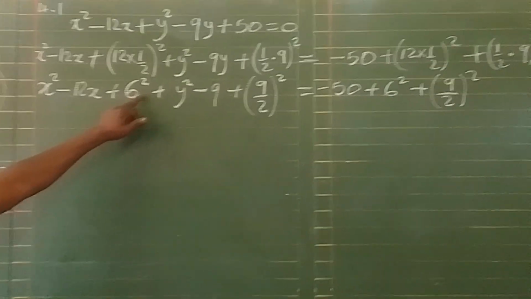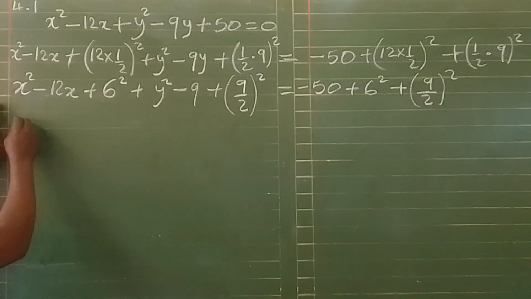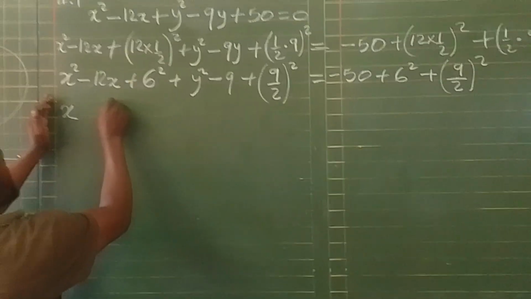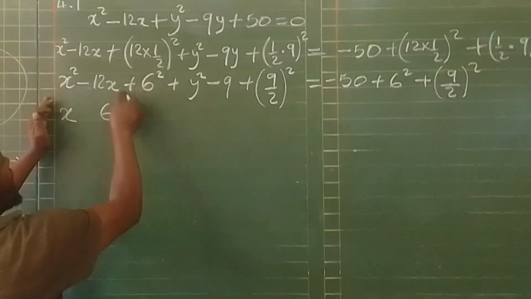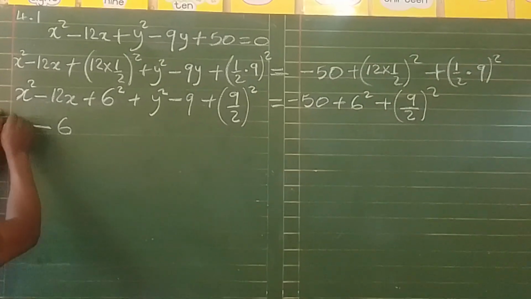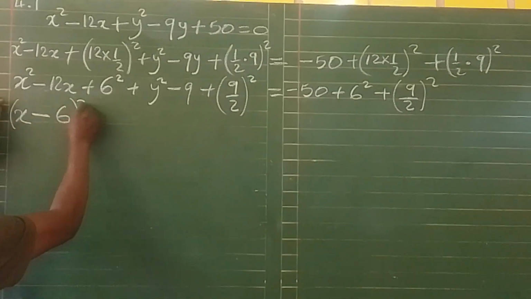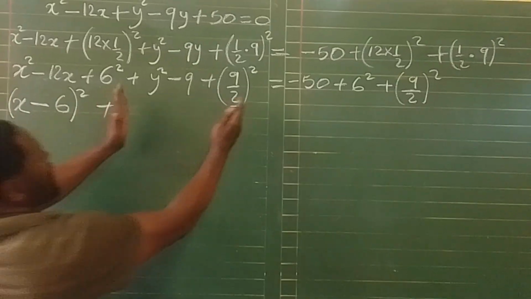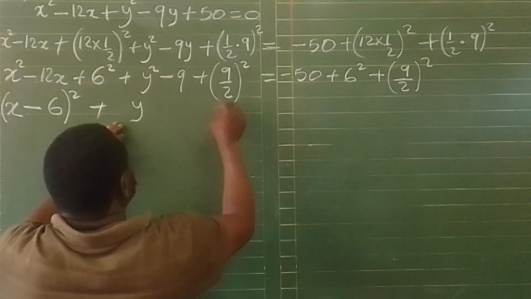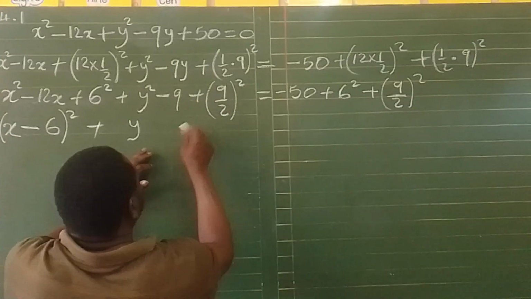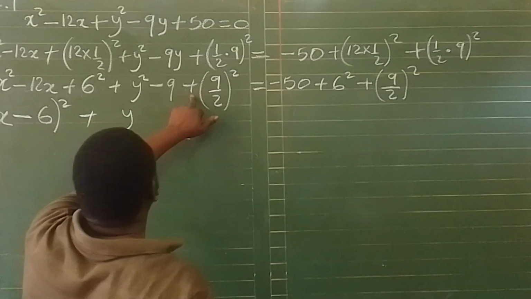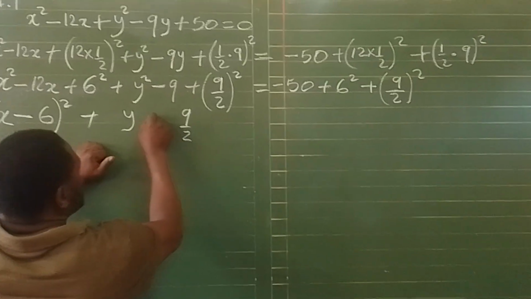I wanted to take a square root here. The square root of x squared is x, the square root of 6 squared is 6, both with minus. You square it. You do the same here: the square root of y squared is y, the square root of (9 over 2) squared is 9 over 2, both with minus.